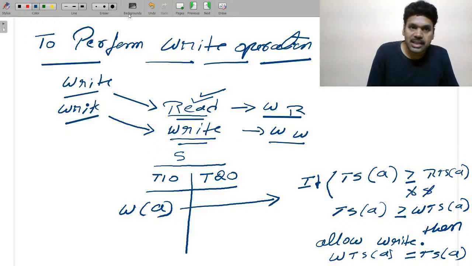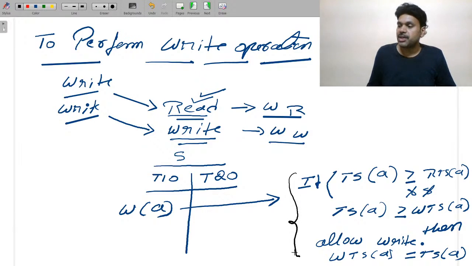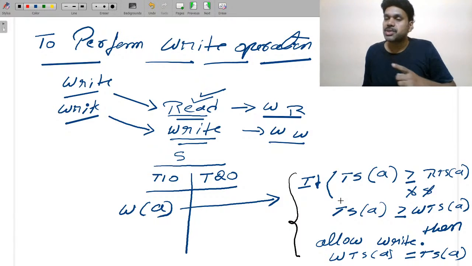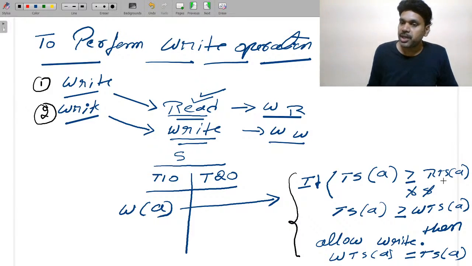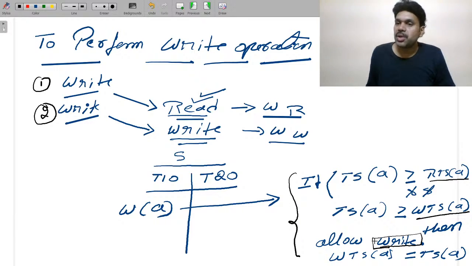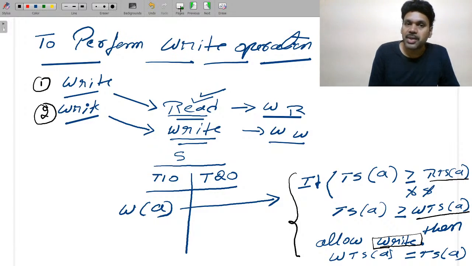That's it, friends. This is the validation. You need to check very carefully in the event of a write operation. In the read operation, we only check with the write timestamp. As we are performing a write operation, there will be two conflicts, write-read and write-write. Therefore, you need to check with RTS of A as well as WTS of A to perform a write. If this condition fails, we know that it is going to be rolled back. Okay, friends. So using that, we start doing one small example like the reads.